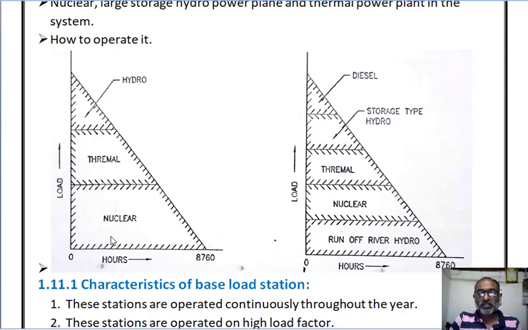Here you can see the nuclear power station works as a base load, then the thermal power station, then hydro. If a run-of-river hydropower plant is present, that is operated as a base load station, then the nuclear power plant, then the thermal power plant, then the storage type hydropower plant, next the diesel power plant.